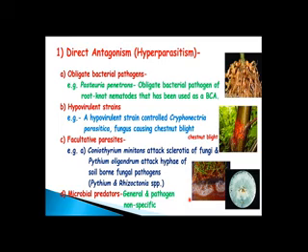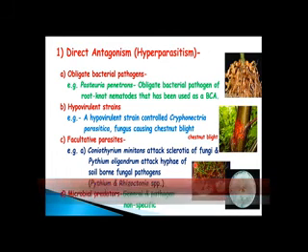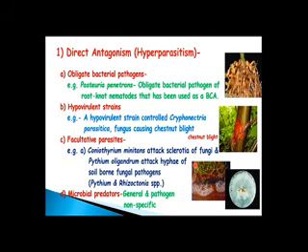In direct antagonism, there are obligate bacterial pathogens, hypovirulent strains, facultative parasites, microbial predators. There are quite a lot of examples in other countries, and these are all commercialized products.